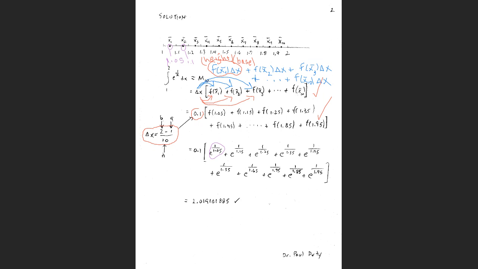So it's going to have value 1.15, right? So e to the power 1 over 1.15 would be the second function value. And we keep doing this for all 10 midpoints. We're going to add all those values up and multiply by 0.1, and we're going to get an answer.